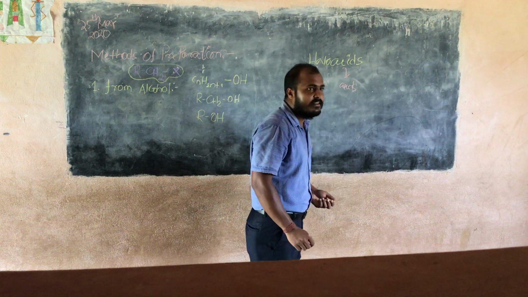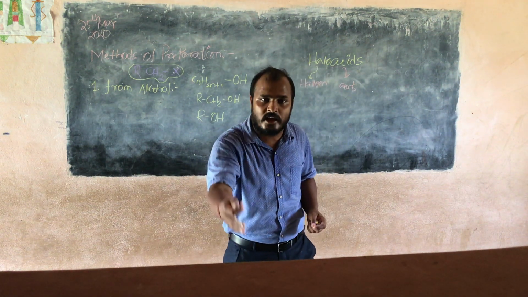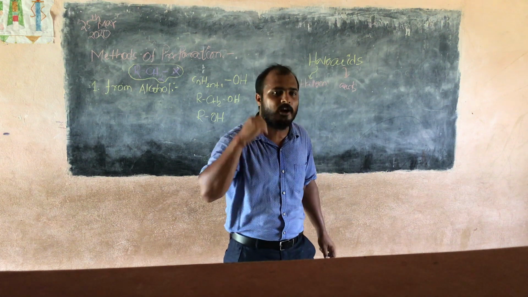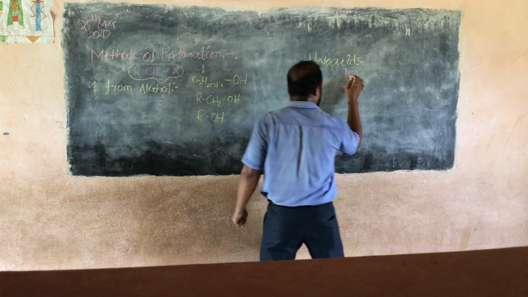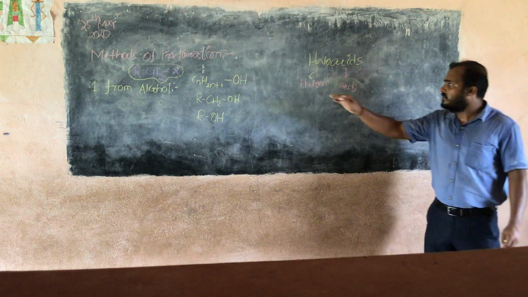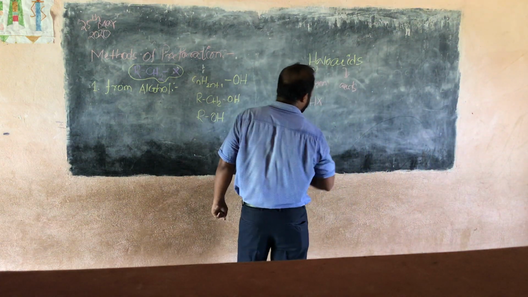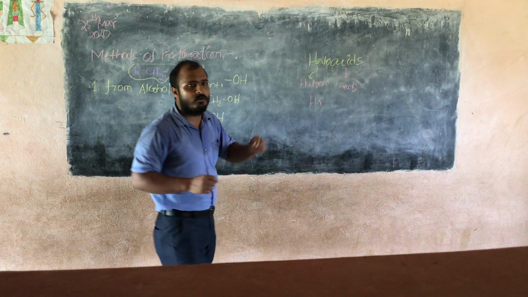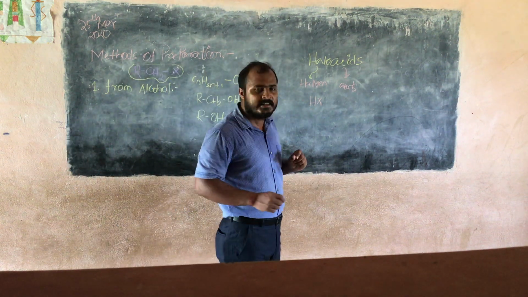What is an acid? The substance which can donate an H plus ion when it is dissolved in a solvent is known as an acid. Because it is a haloacid, there will be a hydrogen and X. The general way to write haloacids is HX.